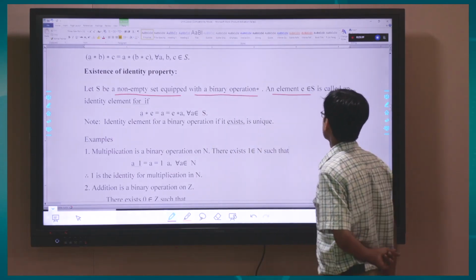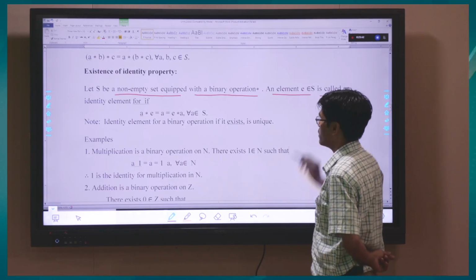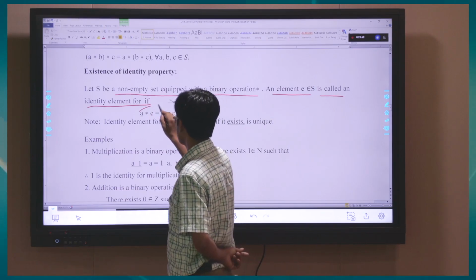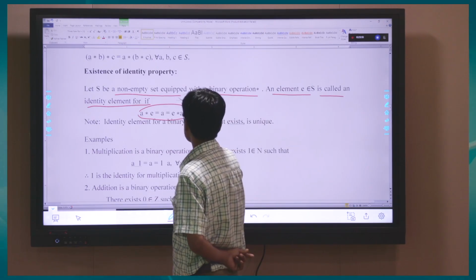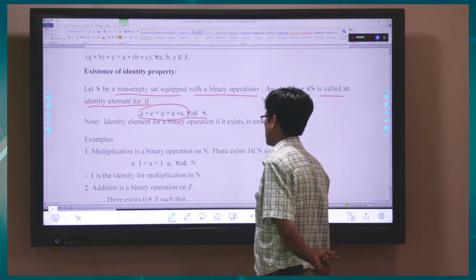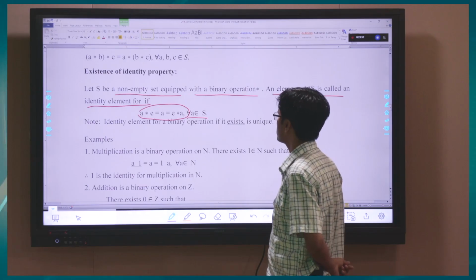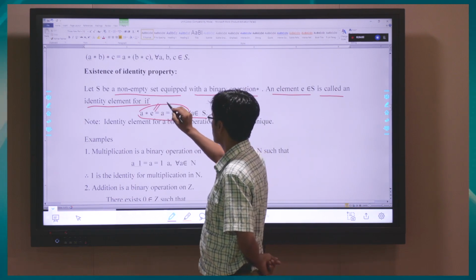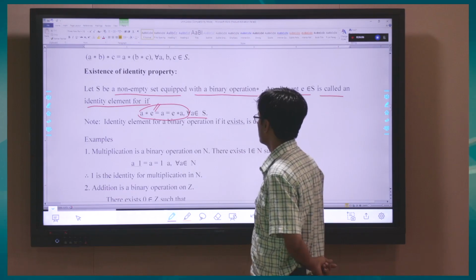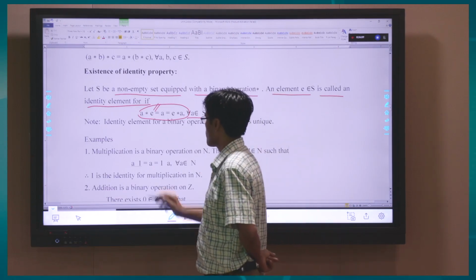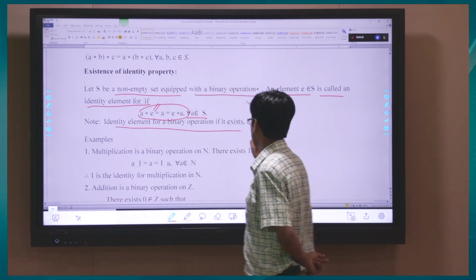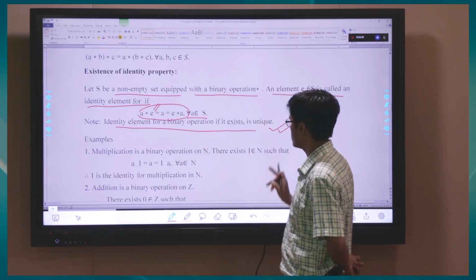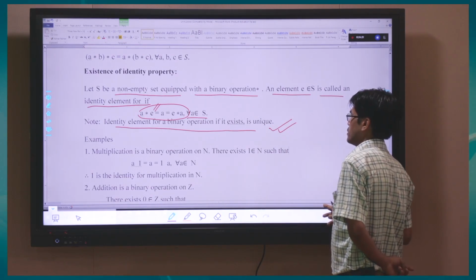An element E belonging to S is called an identity element if A star E is equal to A is equal to E star A, for all A belonging to the given set S. If this condition is satisfied, then E is called the identity element of the set S under the binary operation star. The identity element of a binary operation, if it exists, is unique. There is only one identity element in a binary operation on a set.